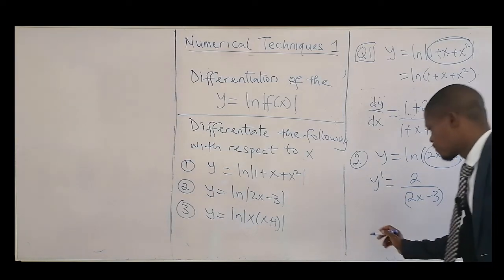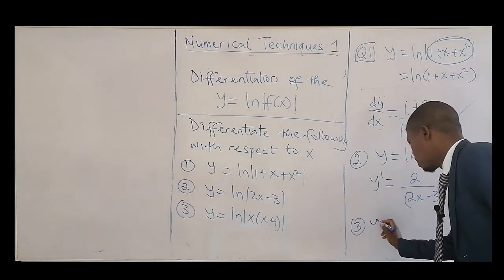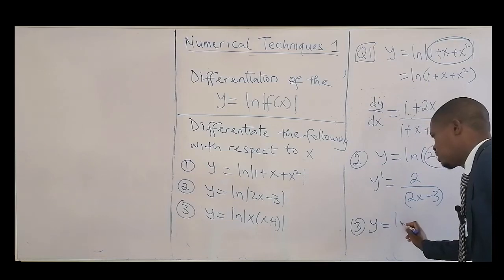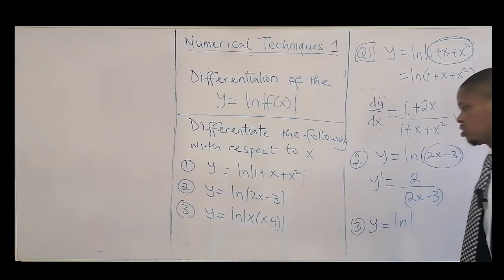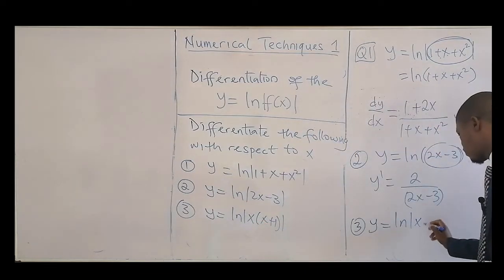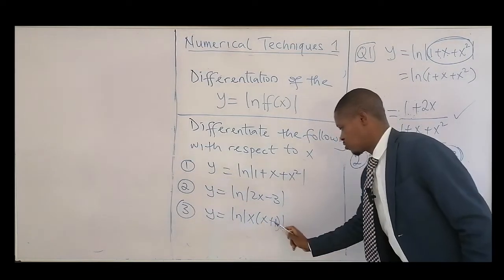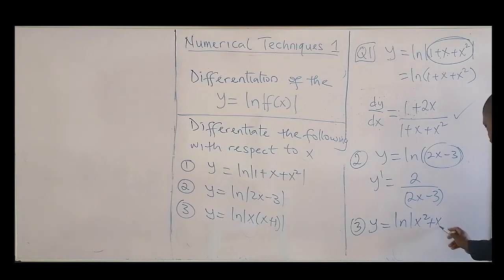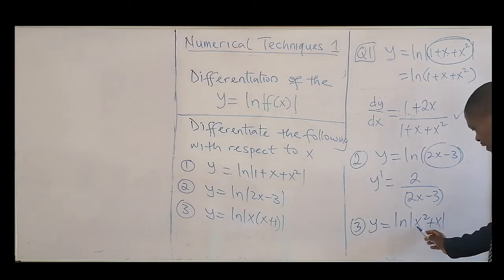Then the last one, number 3, y equal to ln of this product. You can expand it: x times x is x squared, then x times 1 is x. So we have x squared plus x.